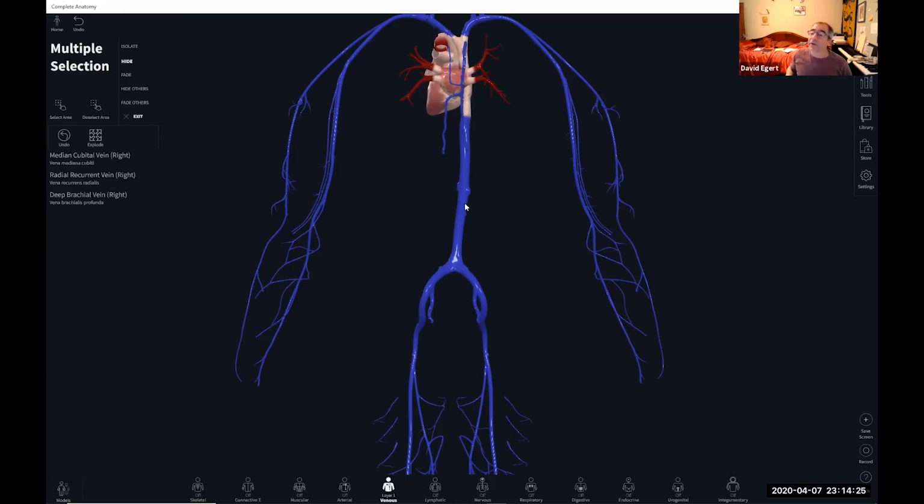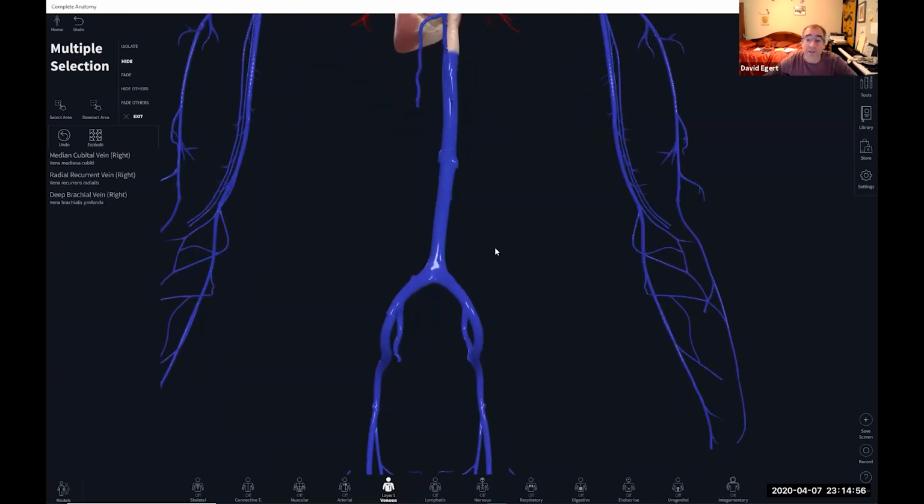So remember how we had the superior and inferior mesenteric artery going to the digestive organs, and we saw the things off the celiac trunk, the left gastric artery and the splenic artery. There are no mesenteric veins coming into the vena cava here. There are going to be mesenteric veins, but they're not actually coming here. We're going to see it's this hepatic portal system in a few moments.